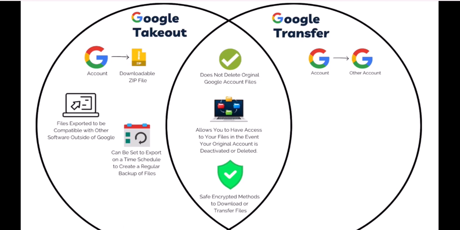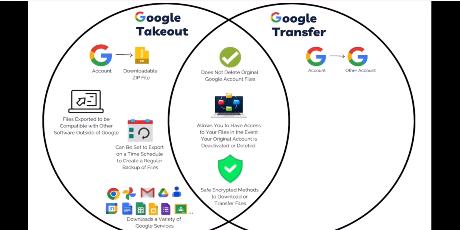So you could set it up where it downloads your files every 2 months, and then you can constantly have a backup of your files. Also with Google Takeout, it downloads a variety of Google services. So it does Google Photos, Google Chat, Google Classroom, Google Calendar even. So it's got a lot of different services, and YouTube, I think. Now that's all Google Takeout.